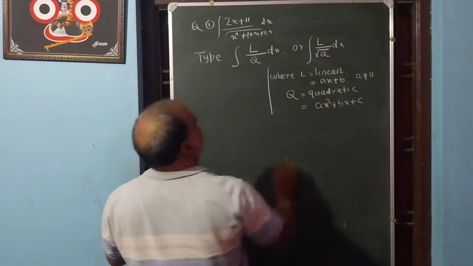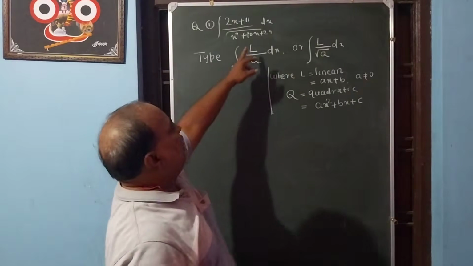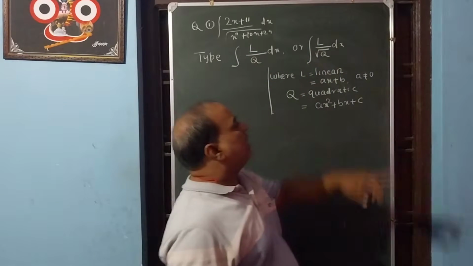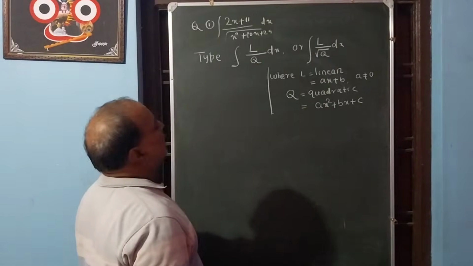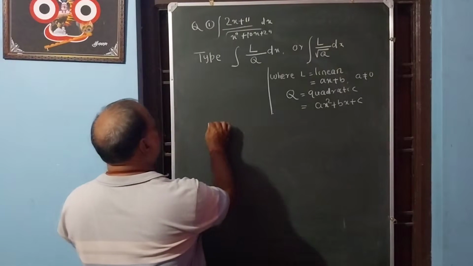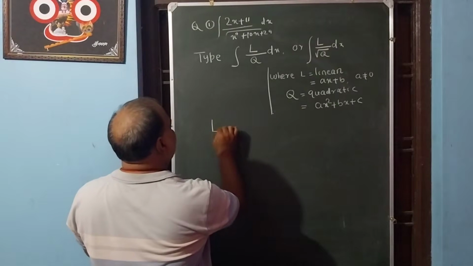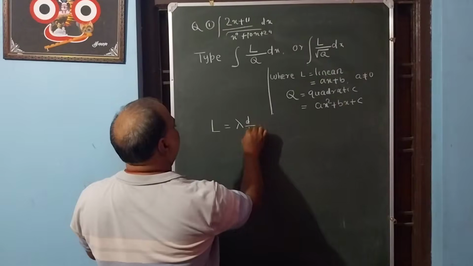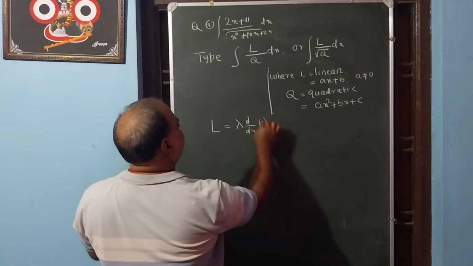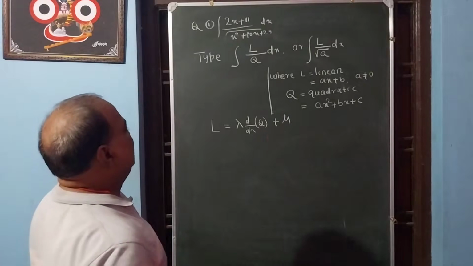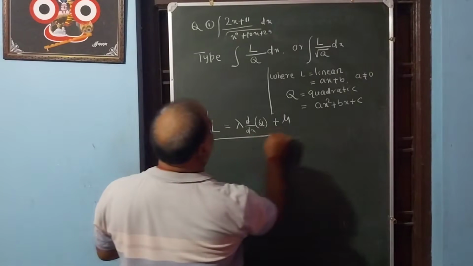When the integration is of the type linear by quadratic or linear by root over quadratic, how can you work out that type of integration? So write down the formula.